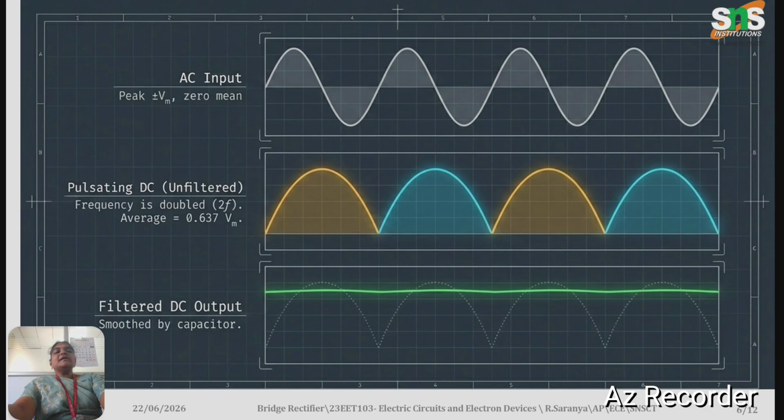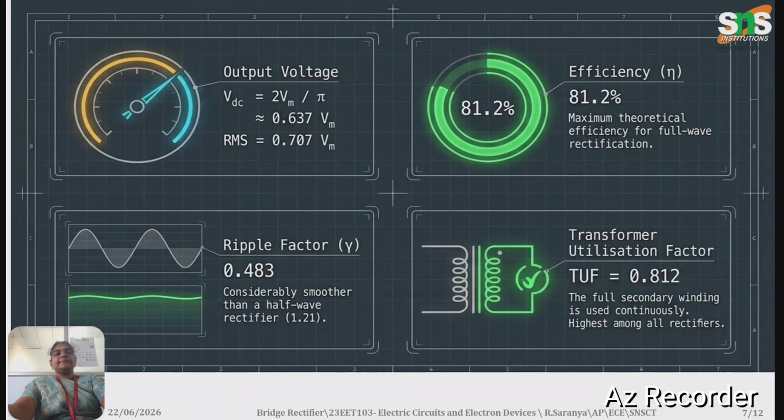The yellow color represents the output from D1 and D4, and the blue color represents the output from D3 and D2. The output is then passed to the capacitor in order to smoothen it and remove unwanted noise, and we get an approximately filtered DC output, which is very close to a normal DC output.